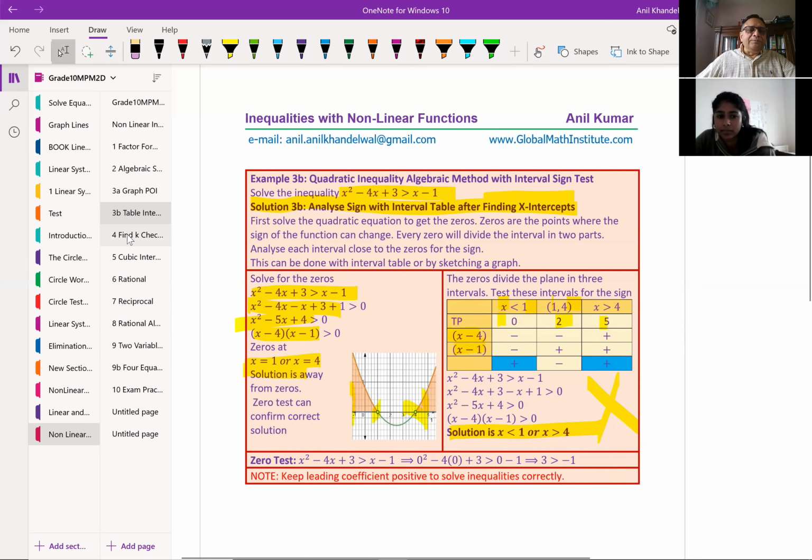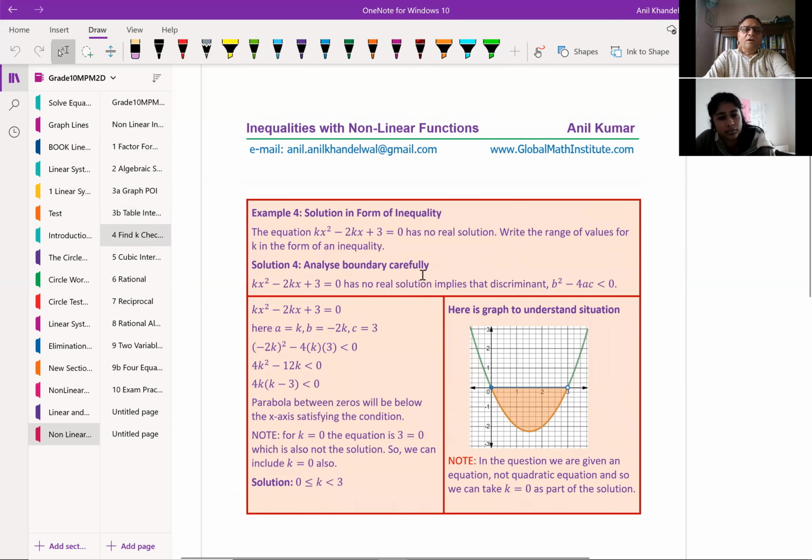Yeah. Okay, now here is question number 4. This is the type of question which you wanted to know from me, so I included it in my set of solutions. Can you please read the question for me? Yes. Example 4, solution in form of inequality. The equation kx squared minus 2kx plus 3 equals 0 has no real solution.